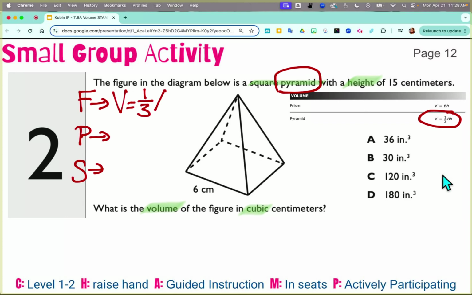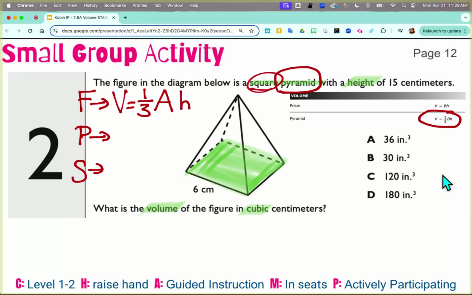But what did I tell you on the last problem? Change the B to an A, because I'm finding the area first. And when I am finding the area, I am finding the area of the base, which is a square. They told us the word square in the vocabulary word.